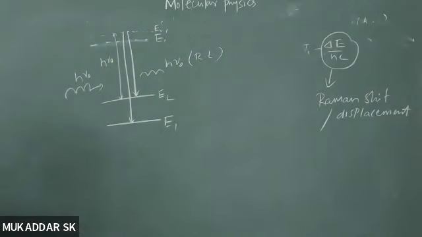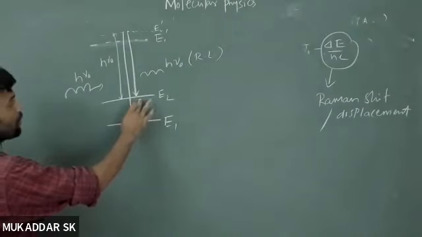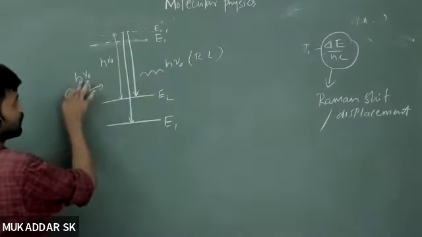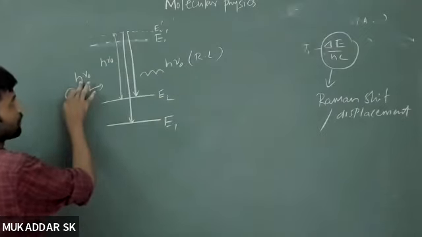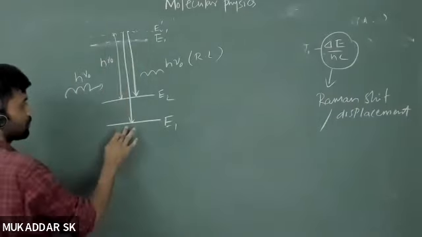So in that scenario, the molecule from E2 jumps to E2 dash, and this level is very short-lived. So the molecule from E2 dash will immediately jump to E2. When it jumps to E2, it will give you the Rayleigh line, because that energy is identical to your incident beam. But this molecule can come from E2 dash to E1 also, right?